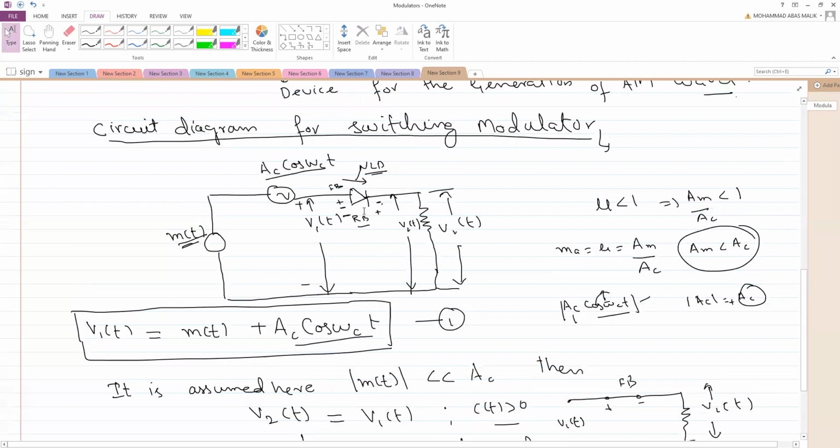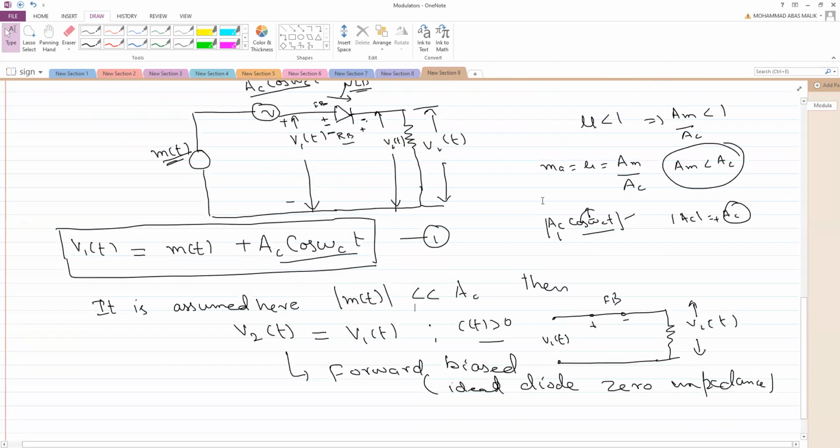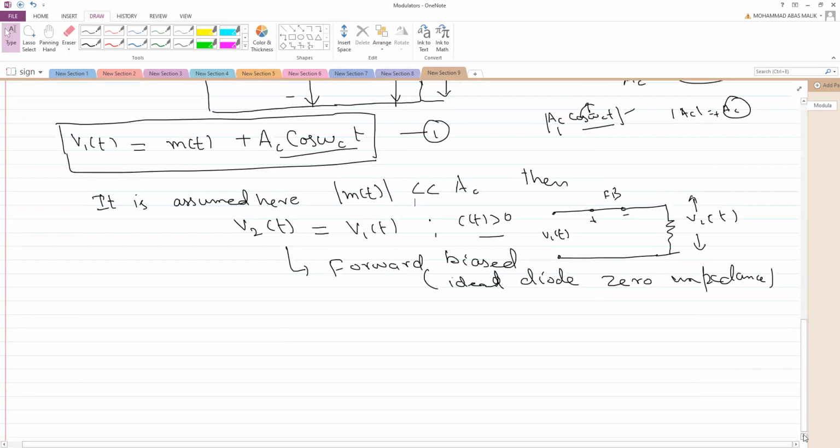What about the other situation, when the diode is reverse biased? I will draw the diagram for the same. Please try to concentrate and tell me the answer. So this is your V1 of T. This is the reverse bias of the diode, acting as an open circuit. And this is your resistance R, your load, and this is your V2 of T. Can anybody tell me what the value of V2 of T will be here?